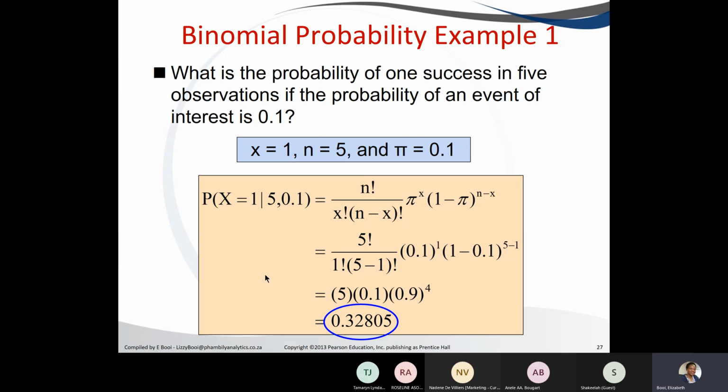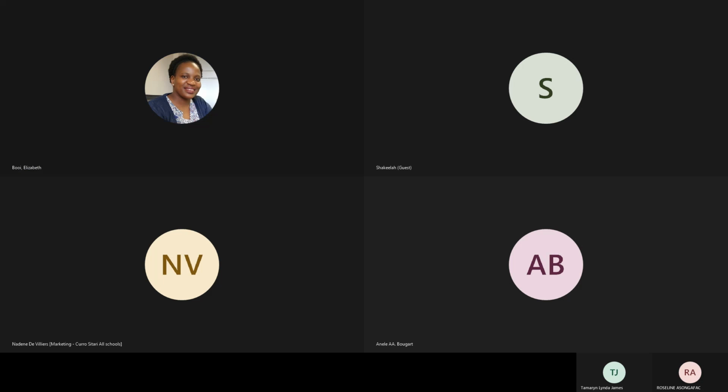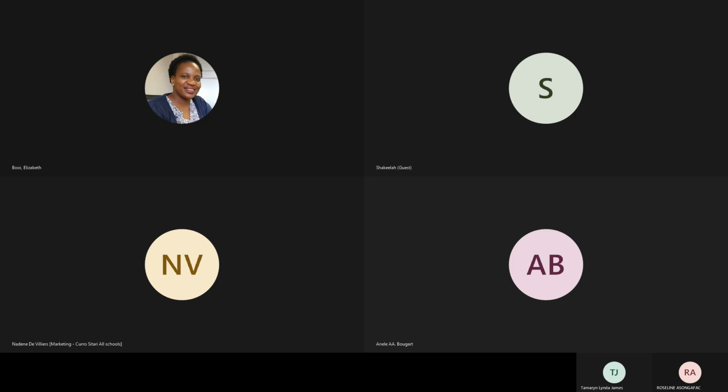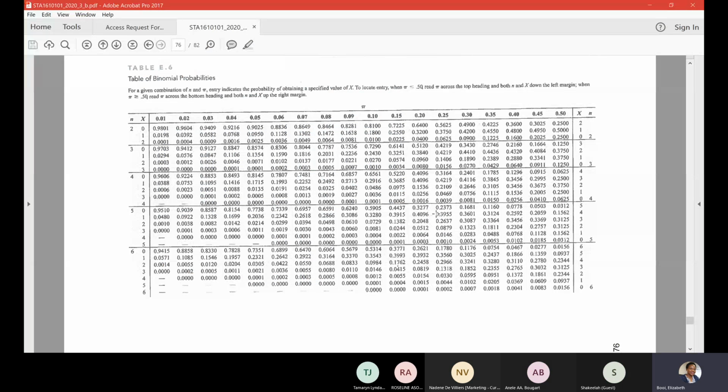Okay, it's back. So, 0.5, no, I don't have it. So I'm going to go out of this slide. I'm going to share your table. Hope you are able to see the table.